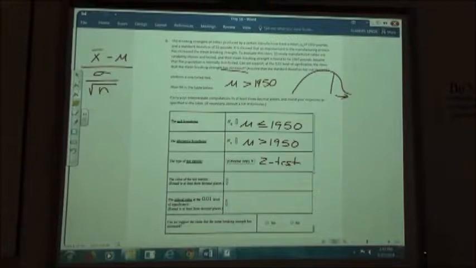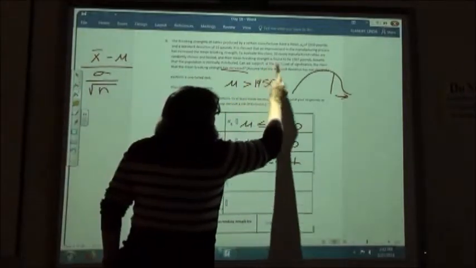So my sample mean is which one of those numbers? They give you two different means. One's the given mean and one is your sample mean. 1967, right? That's the one when they did their test.